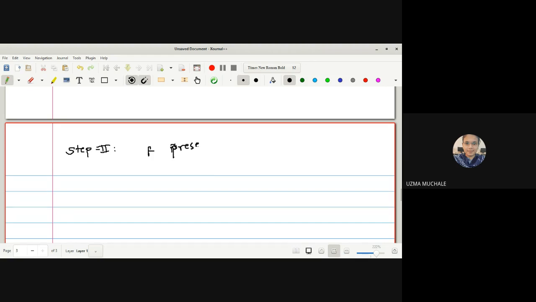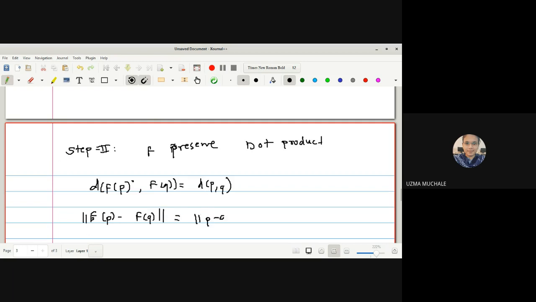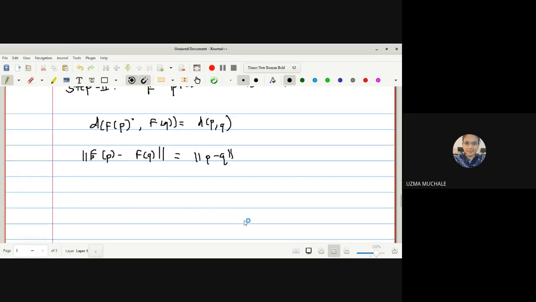To prove that, since F is an isometry, we have to start with that, because only that is given to us. The distance between F(P) and F(Q) is equal to the distance between P and Q. So I can write this as the norm of F(P) minus F(Q) is equal to the norm of P minus Q. Now if I take the square on both sides, the norm squared of F(P) minus F(Q) is equal to the norm squared of P minus Q.